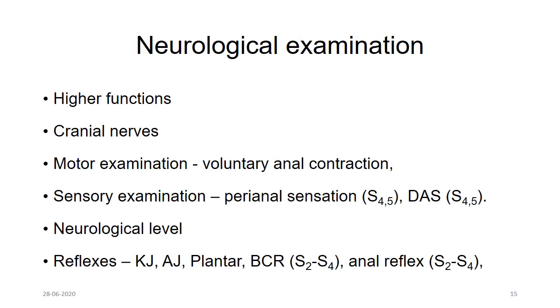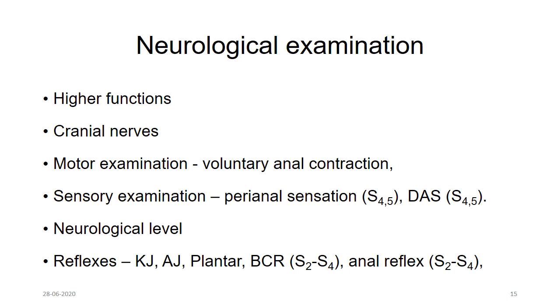Now, moving to neurological examination, we have to first assess the higher functions and cranial nerves also. Motor assessment helps us to determine the muscle strength, especially of the upper limbs, and hand dexterity also. Voluntary anal contraction should also be assessed while doing BCR, or bulbocavernous reflex.